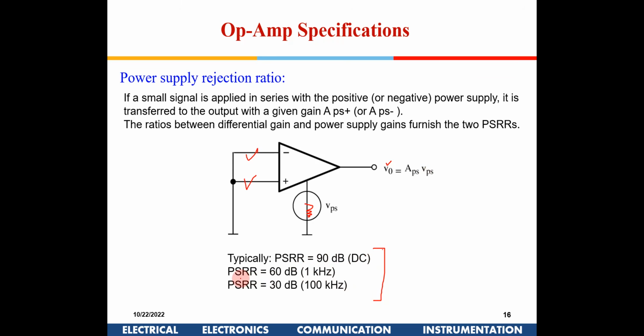That is known as PSRR, power supply rejection ratio. That is the differential gain divided by the gain due to power supply. So this should be small.